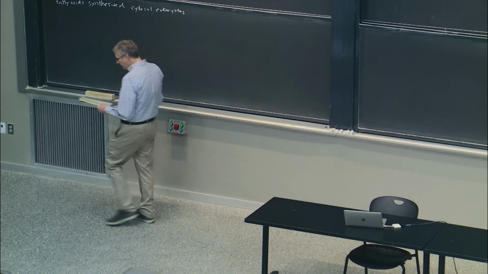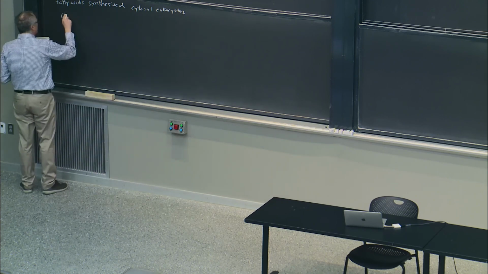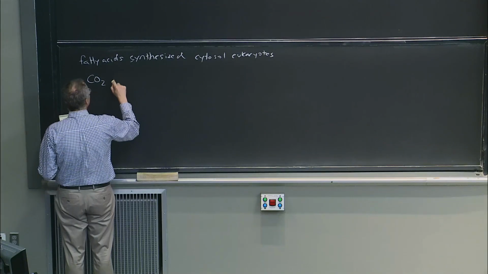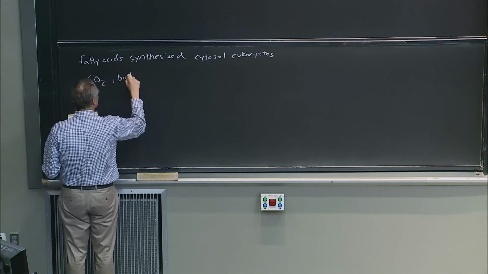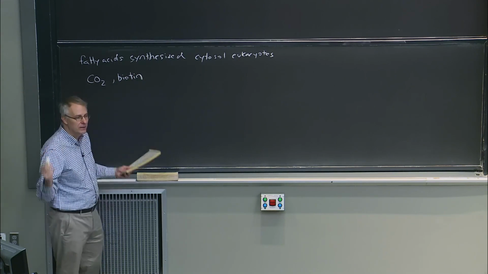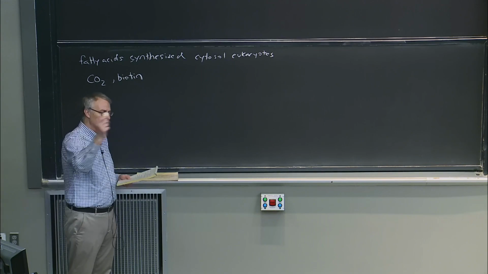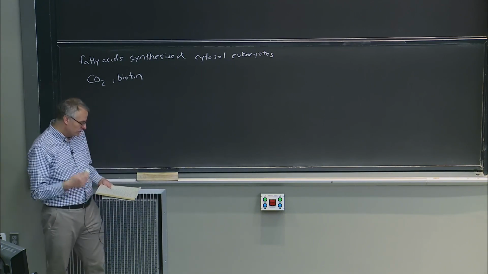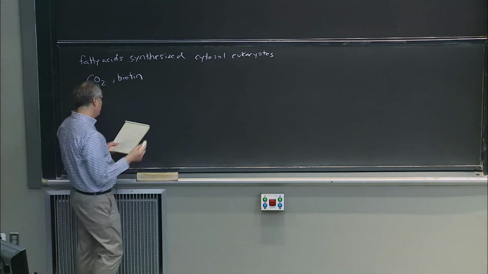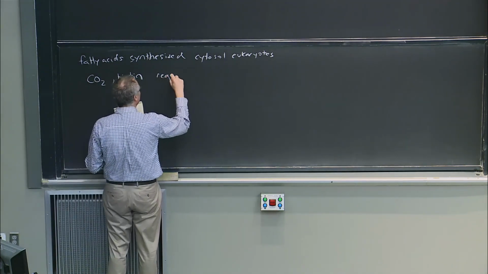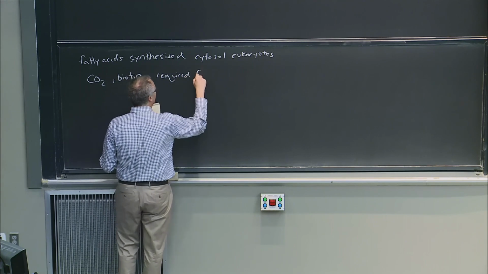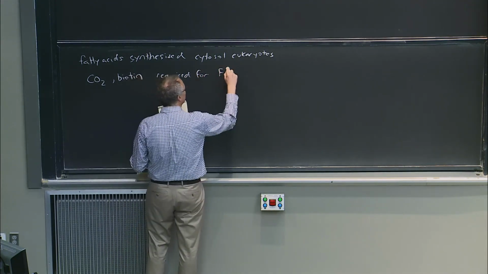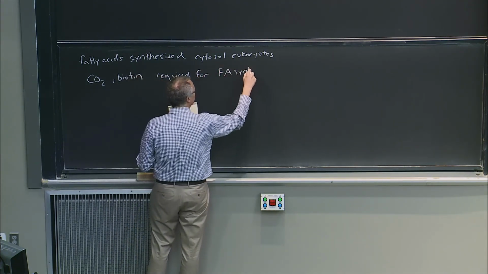Now, when we do this, you're going to see that carbon dioxide as well as biotin are required. Okay, so you might be thinking, oh, what's biotin used for? It's a carboxylation reaction, and so CO2 in a carboxylation reaction involving biotin is going to be required for fatty acid synthesis.